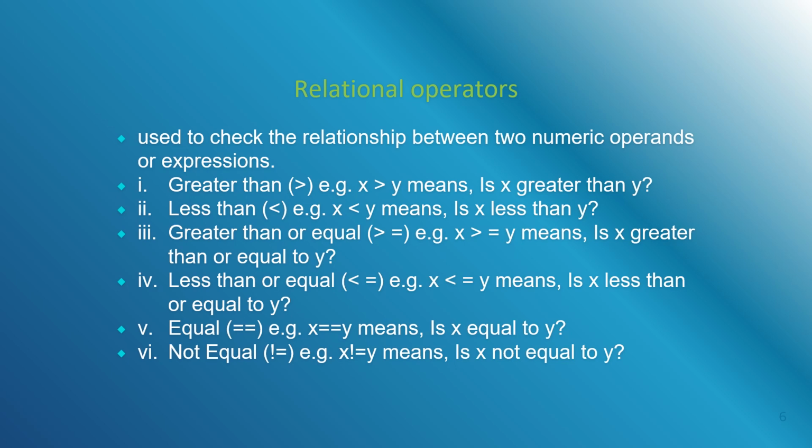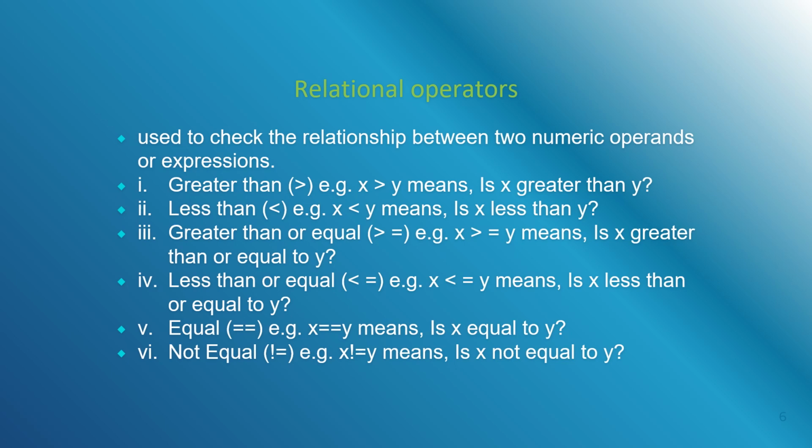When you want to check whether x is equal to y, you have to write double equal to in Python. Whether x equals y means if both are the same, then it is true. If not, it is false. Not equal to means checking whether x is not equal to y.